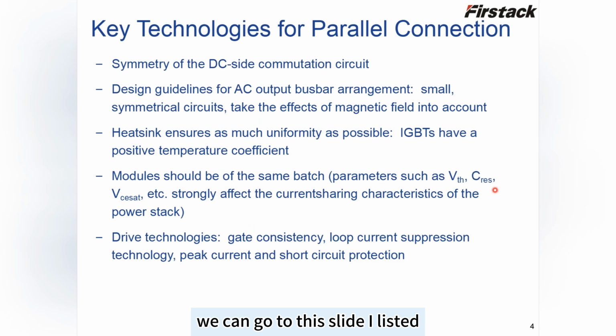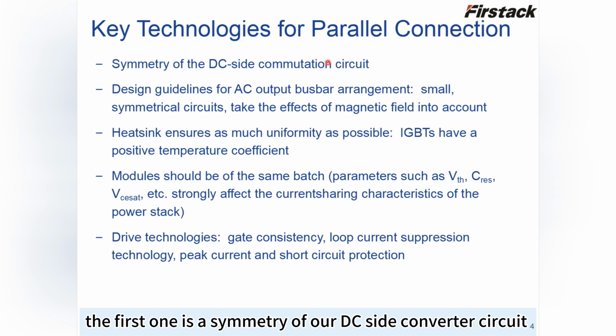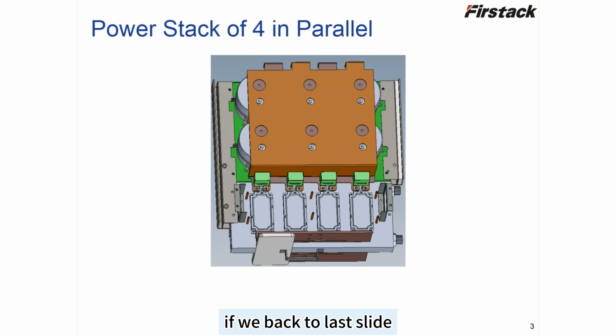We can go to this slide. I listed several important factors here. The first one is the symmetry of our DC side converter circuit. If we go back to last slide, we can see that each module has own converter circuit here, which is a good design.